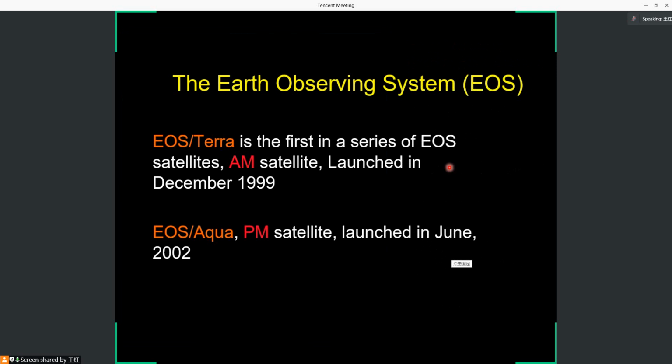Next, the fourth, we introduce EOS Terra and EOS Aqua. Why are they different?